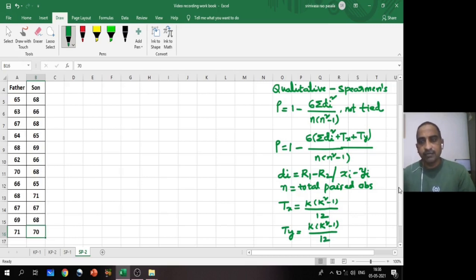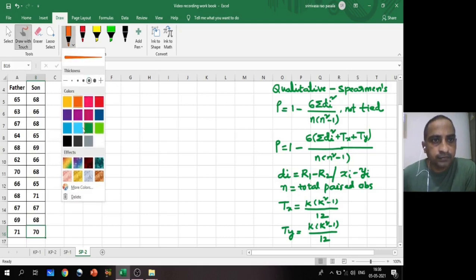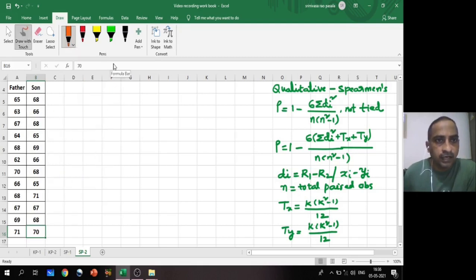Right? So this is how to calculate Spearman's rank correlation coefficient formula-wise. Let us see with this example, right? The first one is R1 or Xi, whatever you represent. How can we allocate the ranks to the given data points?